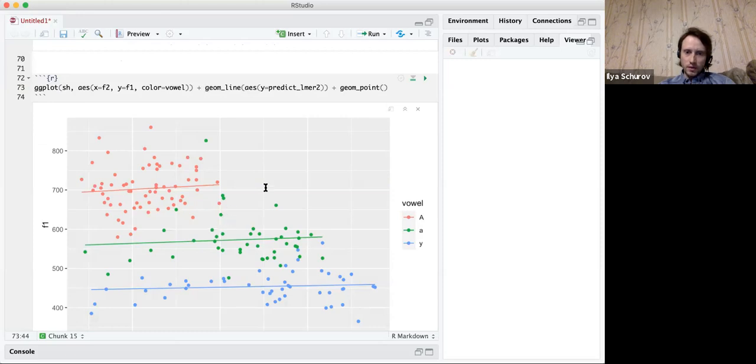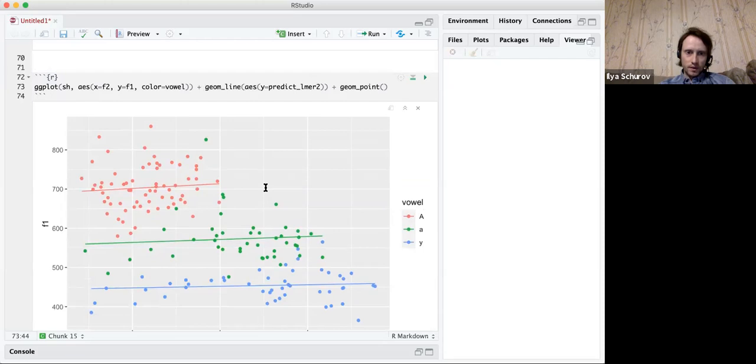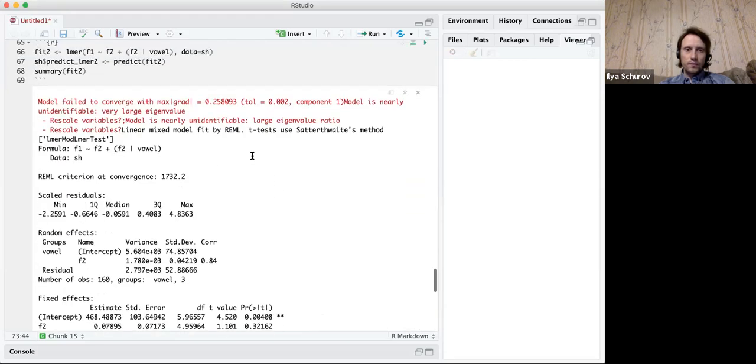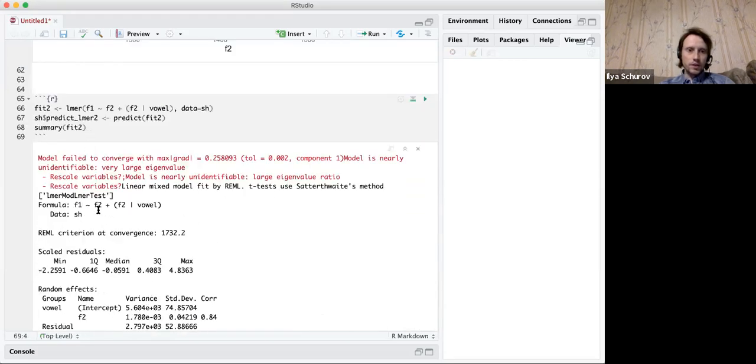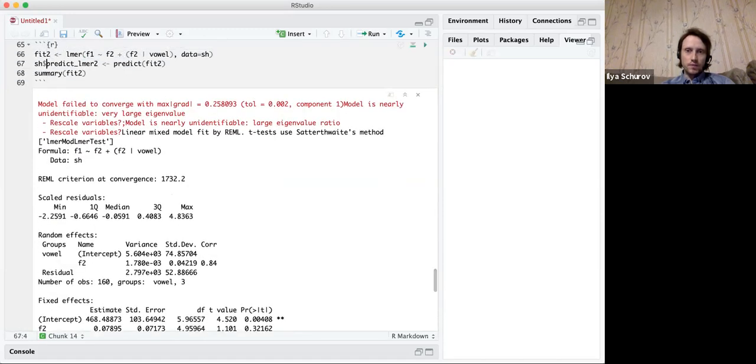Okay, the results are very close to the previous one. Okay, just not the very best data set to demonstrate the features that I wanted to show you.